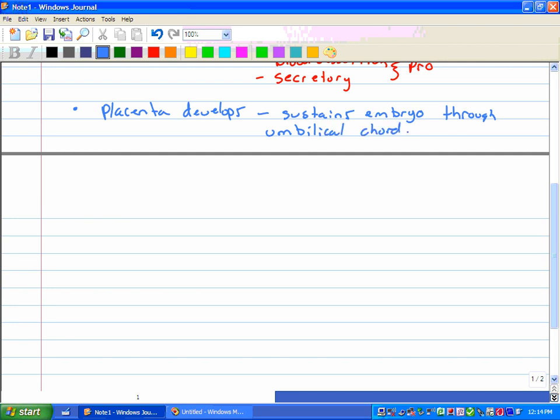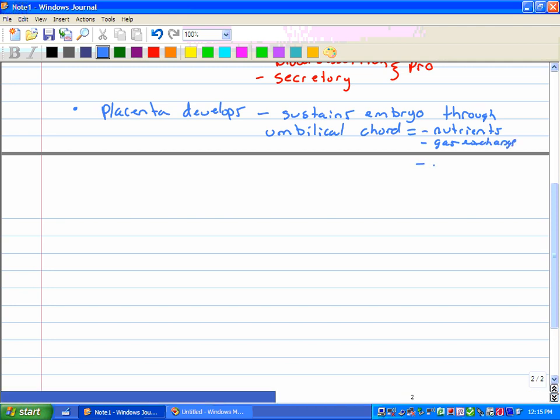So it gets all of its nutrients via that little cable. So it gets nutrients, gas exchange, because its lungs aren't working yet, haven't developed, and then also gets rid of any nitrogen waste.